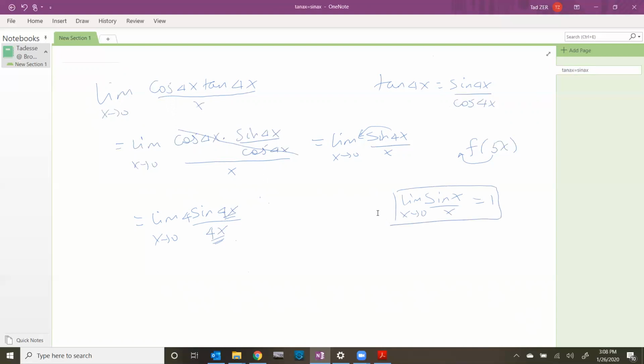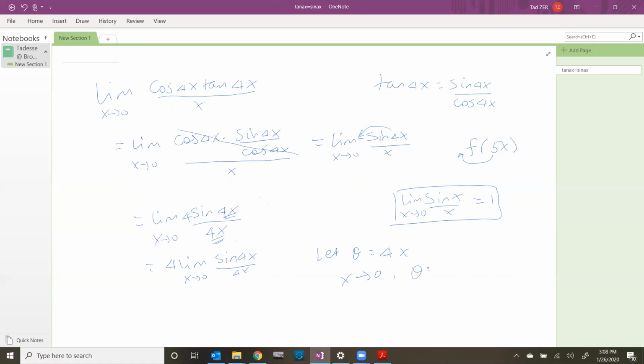Here 4 is a constant, so I can factor out the 4. That will leave me 4 times the limit of sine 4x divided by 4x, as x goes to 0. Now let's use a change of variable. Let theta equal 4x. What happens if x goes to 0? 4 times x goes to 0, right?